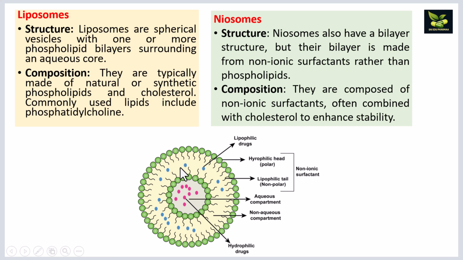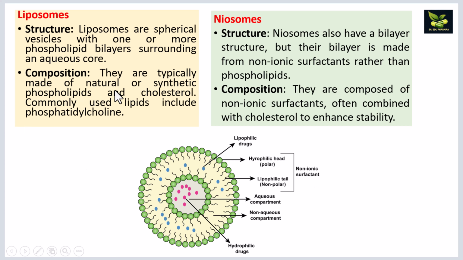In the polar end you can accommodate hydrophilic drugs and in the non-polar end you can have lipophilic drugs. Then what is the difference? Niosomes also have a bilayer structure, but their bilayer is made up of non-ionic surfactants rather than phospholipids. So these are non-ionic surfactants.